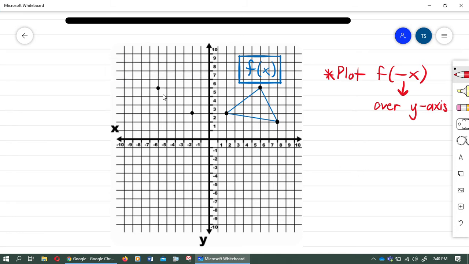So that's 1, 2, 3, 4, 5, 6. It was 6 units on the right side, and now this new point is 6 units on the left side. So again, there we have it.